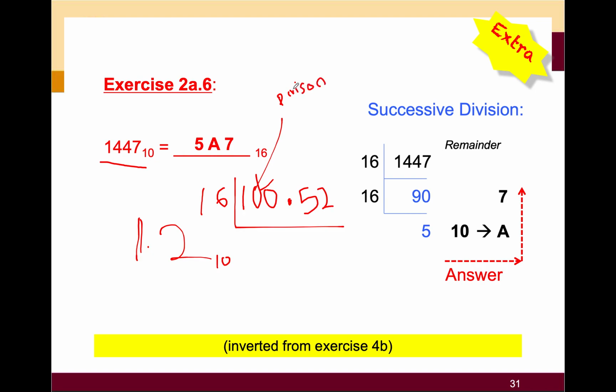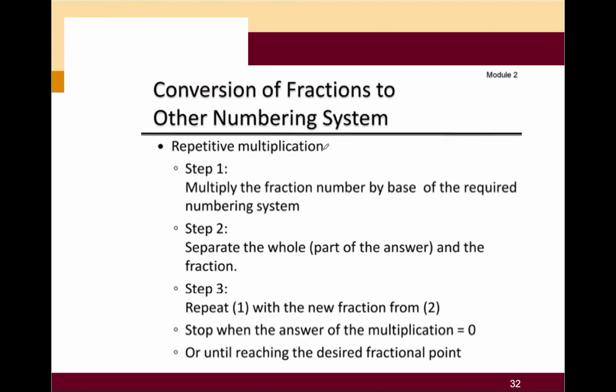And for the point numbering, you will learn a new method, which is called repetitive multiplication. So first step, you need to multiply the fraction number, if you have a point number or fraction number, by the base of the required numbering system. And then second, you will separate the whole part of the answer and the fraction itself.